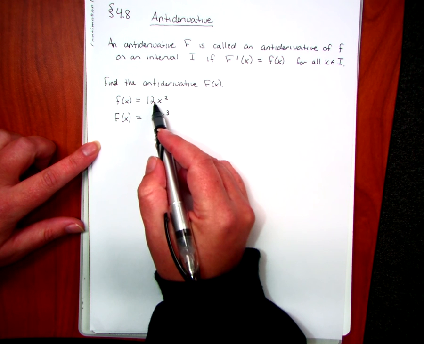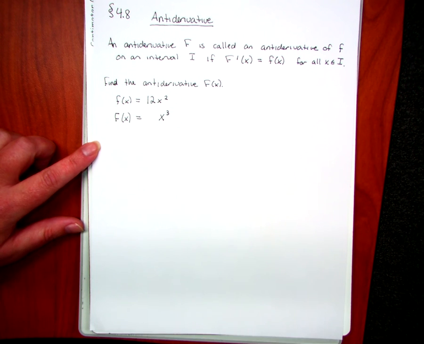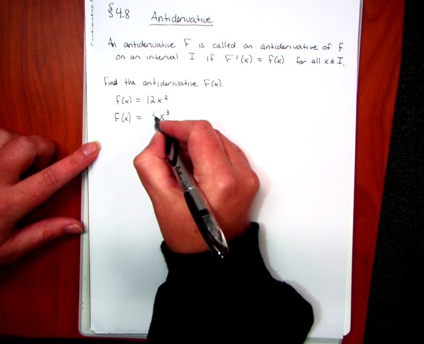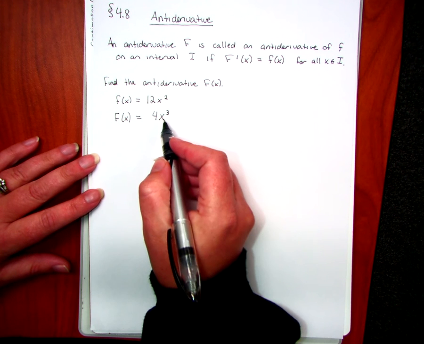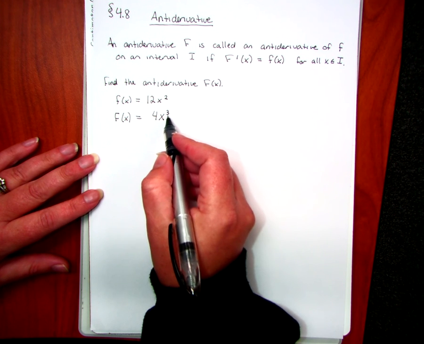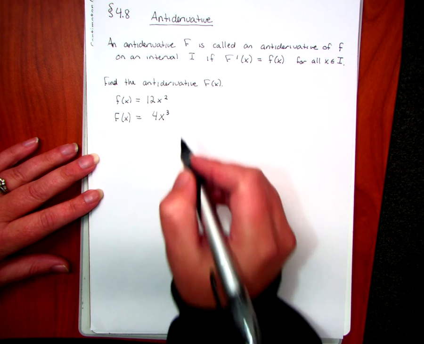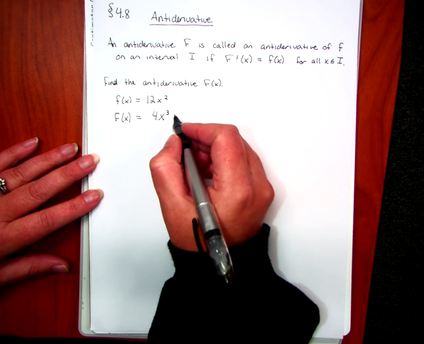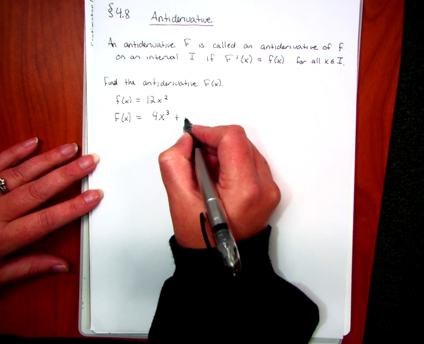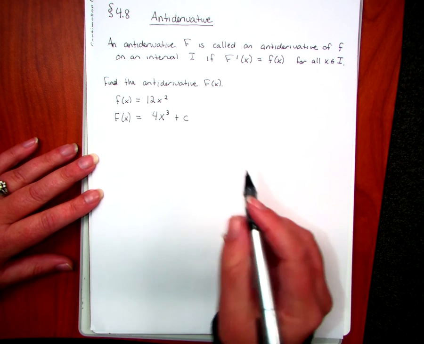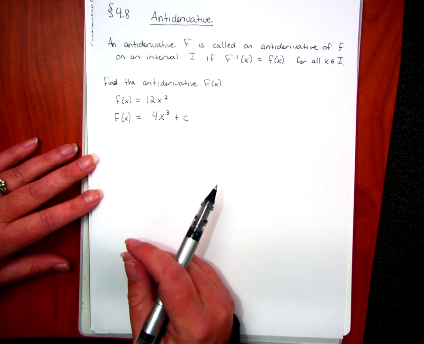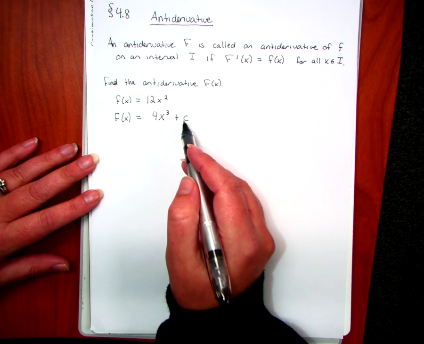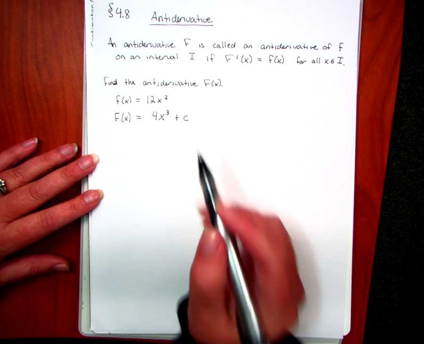But I don't want 3x squared, I want 12x squared, so I'm going to put a constant of 4x cubed. When I differentiate 4x cubed, I get 12x squared. Now, with a general antiderivative, we always want to add a constant, because the derivative of 4x cubed plus a constant is also 12x squared, since when we differentiate a constant, it goes to 0.